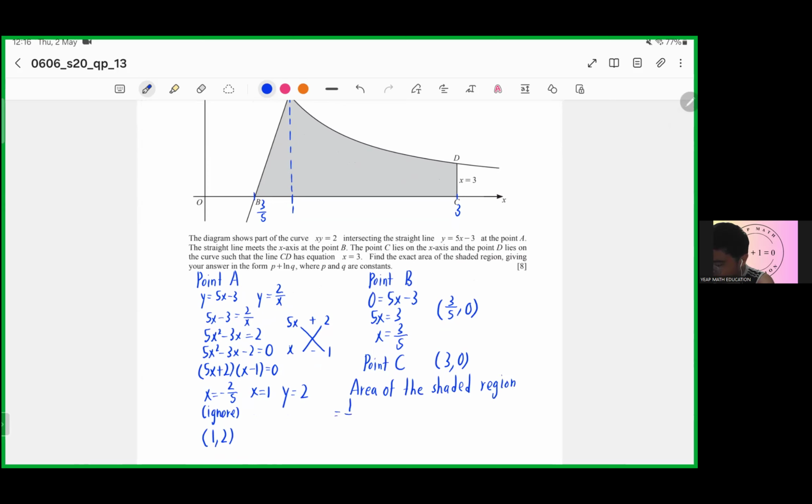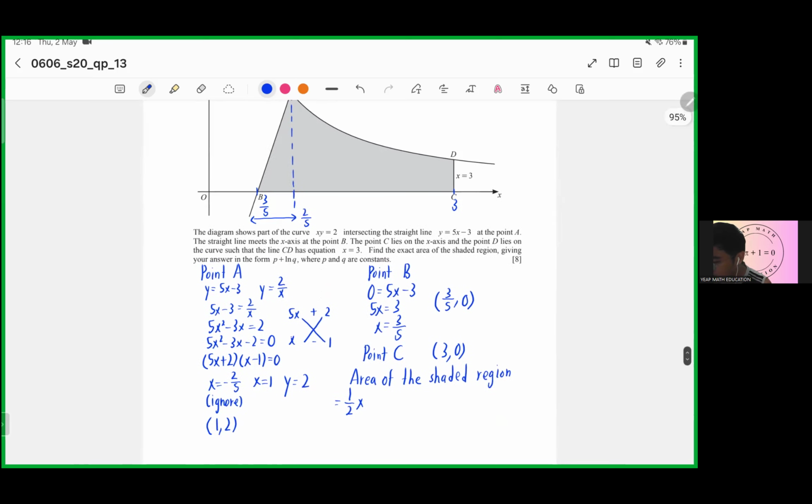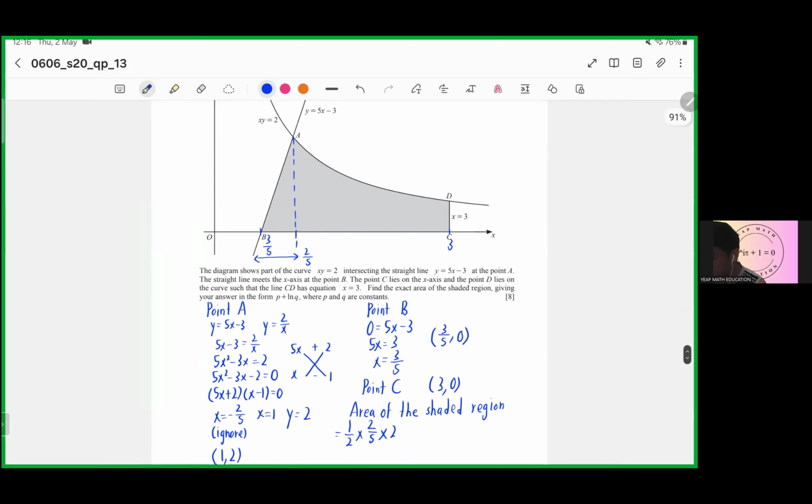Now we take 1 over 2 multiply. You need to find this part. We can take 1 minus 3 over 5, we get 2 over 5 here. 2 over 5 multiply, here we get 2.